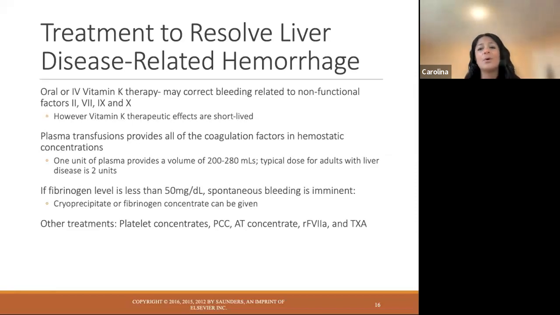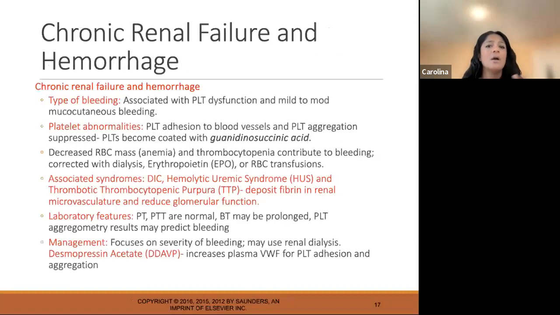TXA stands for tranexamic acid. I should put it in the slide next time. Okay, so this is an antifibrinolytic lysine analog. And so all of these are just options in other treatments that can be given to the patient. If plasma itself doesn't work, we can move on to giving them concentrates, or you can give them concentrates with the plasma.